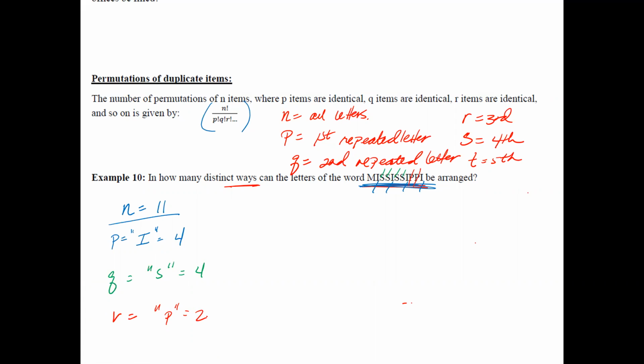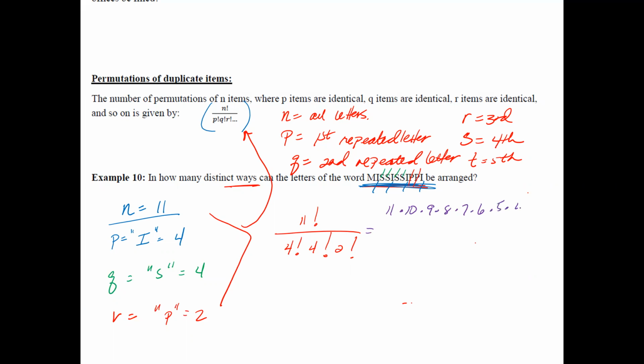So now that I have P, Q, R, all the repeated letters, I can take this and plug it into this formula. So I'm going to have 11 factorial over 4 factorial times 4 factorial times 2 factorial. What that means is that a factorial is when you do 11 times 10 times 9 times 8 times 7 times 6 times 5 times 4 times 3 times 2 times 1.